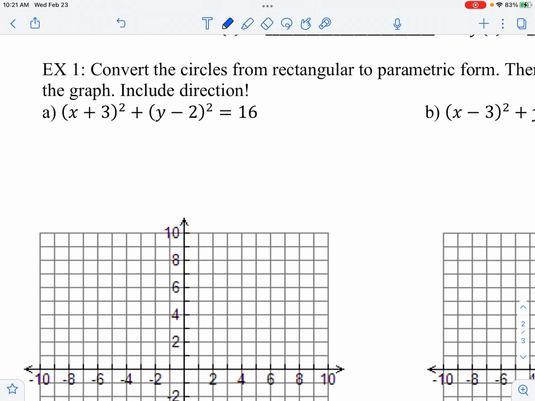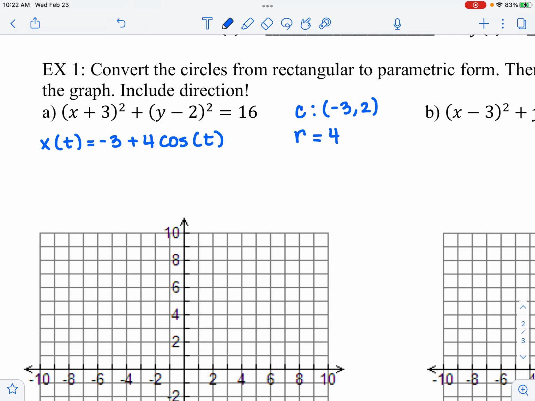All right, so I need to write my 2 equations. In order to do that, I do need the center and the radius. So I'm just going to get the center and the radius first. The center of this circle is negative 3, 2, and the radius is 4. So now I'm going to write my 2 equations. My first equation is x of t equals h, which is negative 3, plus my radius, which is 4, cosine of t.